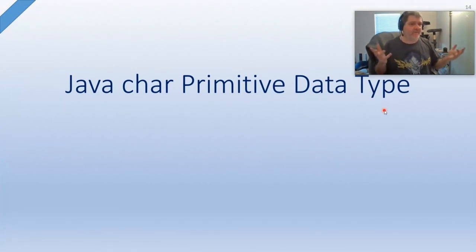Okay, so Math is the name of a class, uppercase M. Well, Character with an uppercase C is a class name that corresponds to char.